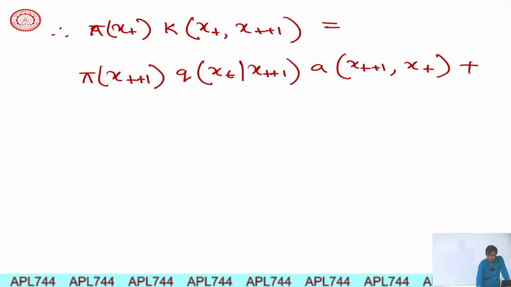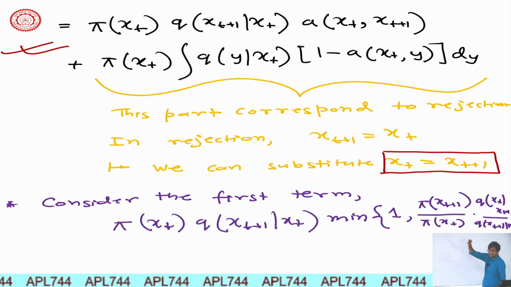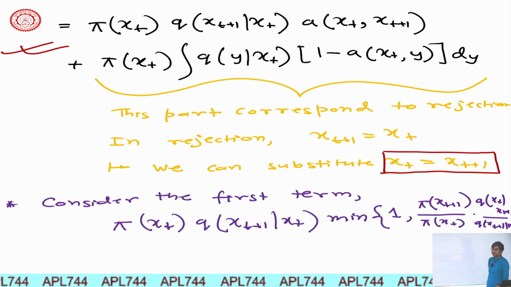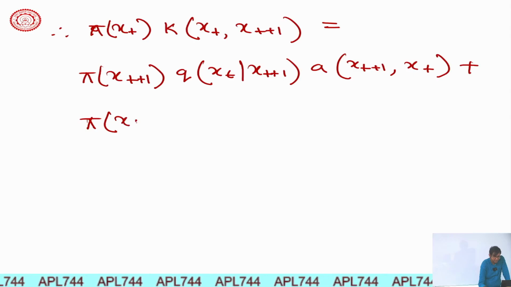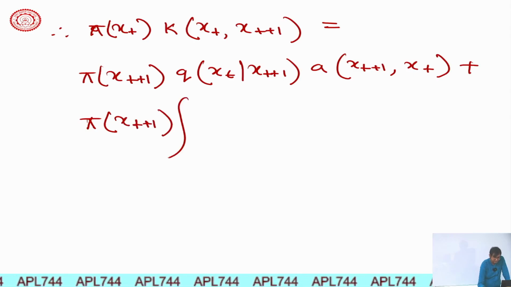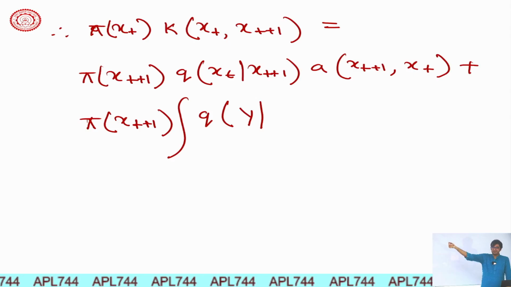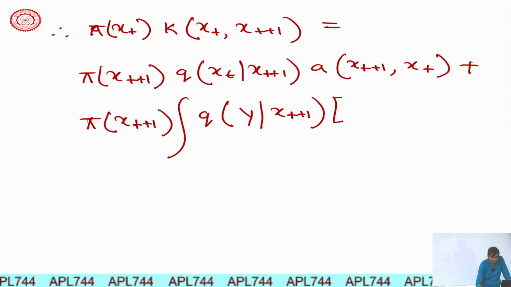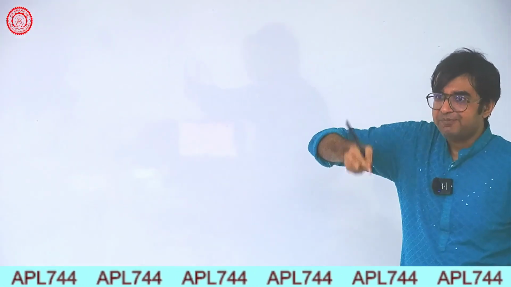This is the first line, right? This is the first equation, I mean first before the summation or addition, and the second one will be every xt will be substituted by xt plus 1, right? So then that is equal to pi of xt plus 1 integration q of y given there was xt, that will become xt plus 1, and then there was 1 minus a, there was xt comma y, it will become xt plus 1 comma y.